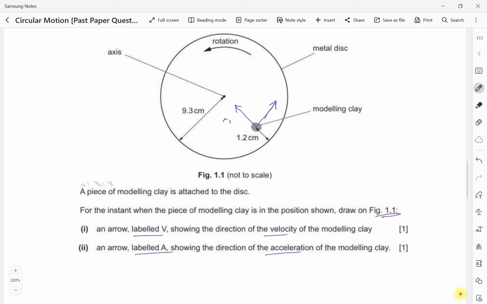The essence is that these two should be at 90 degrees. So this will be A, and this is V. Note that the velocity is always perpendicular to the centripetal force or the centripetal acceleration, and the centripetal acceleration, just like the centripetal force, points towards the center of the circular path.